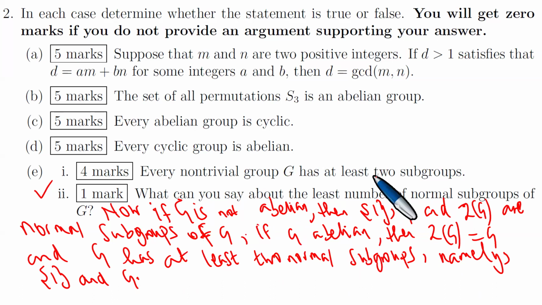We have seen that for a non-abelian group, there are 3 normal subgroups that we're sure about: the center, the trivial group, and the group G. Every group G is a normal subgroup of itself, the trivial subgroup is a normal subgroup of G, and the center of G is also a normal subgroup of G. But if G is abelian, then its center is the group, so that leaves us with 2 normal subgroups, namely the trivial subgroup and the group G.